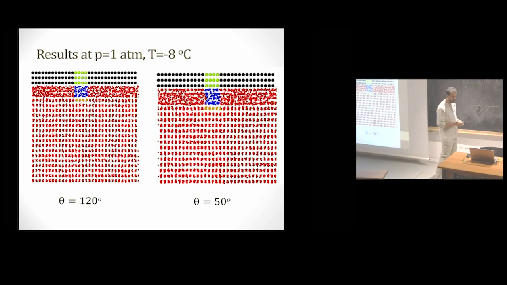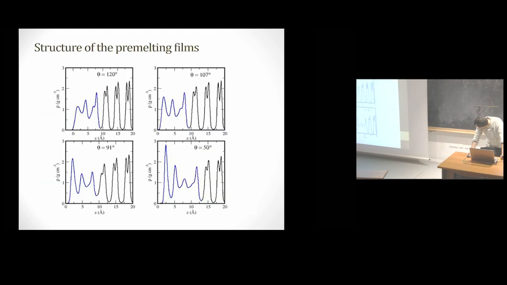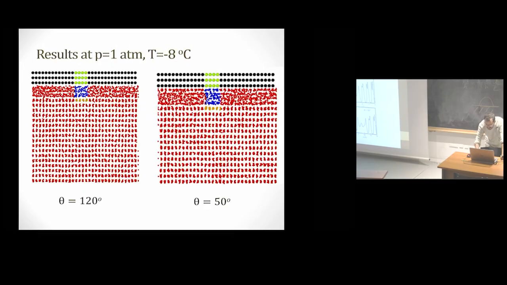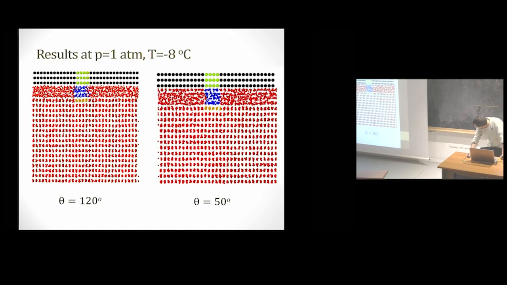So let's see what's the outcome of these movies, depending on the contact angle, okay? Here I have my ice in contact with a wall for a hydrophobic substrate, contact angle 120. The problem I have, I cannot see where it is. Can you see something?